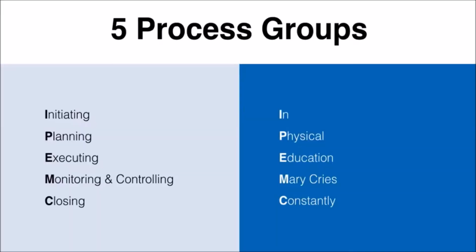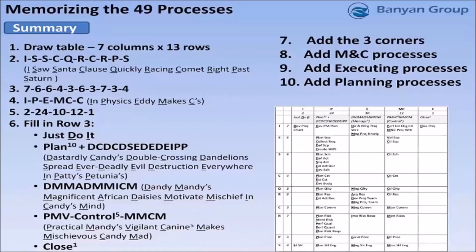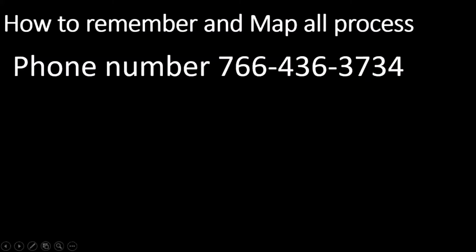Okay, let's go back to our original chart. Now what you do, remember this phone number: 766 4363734. In order to remember it better, make it in three parts: 766 4363734. I called it the phone number.